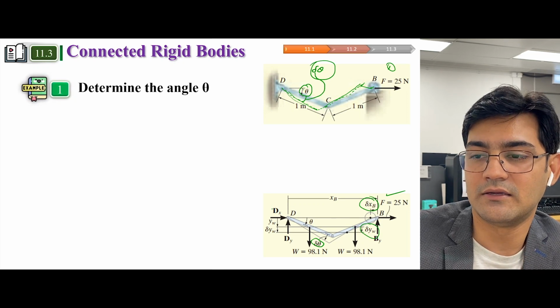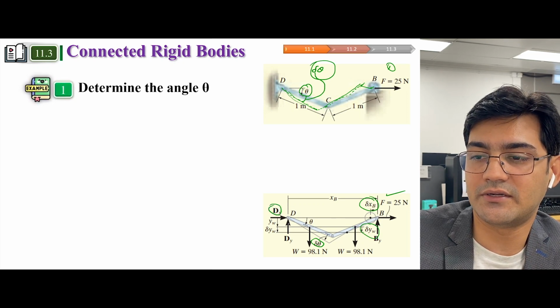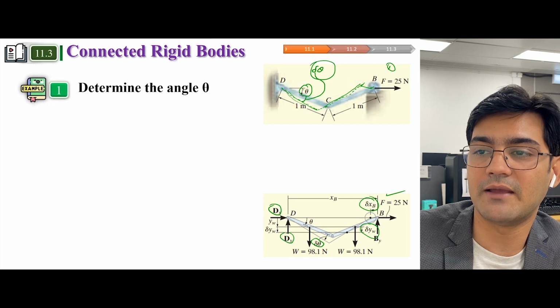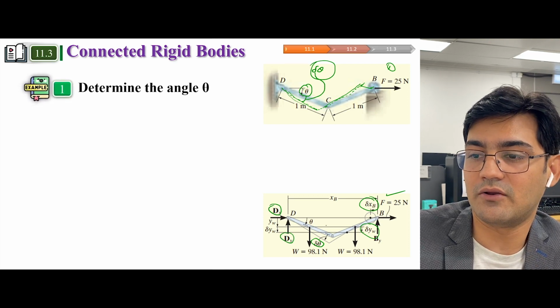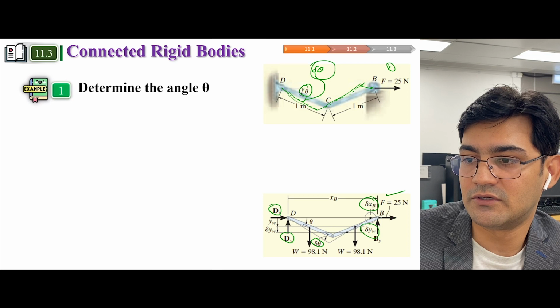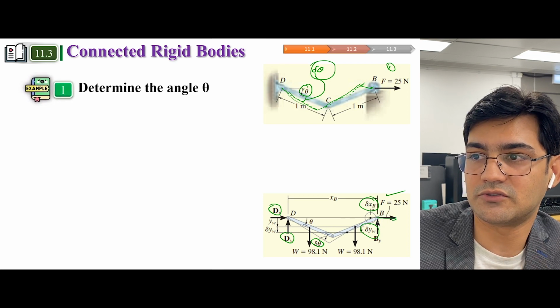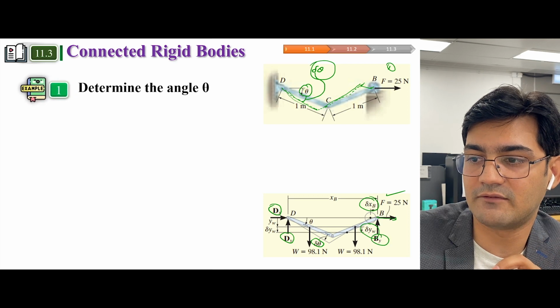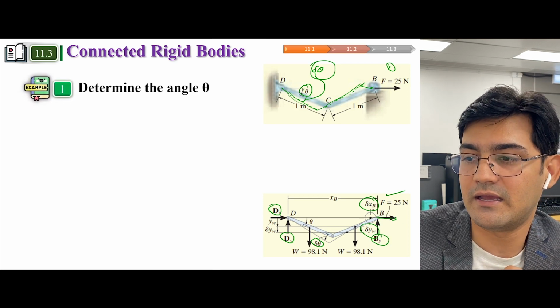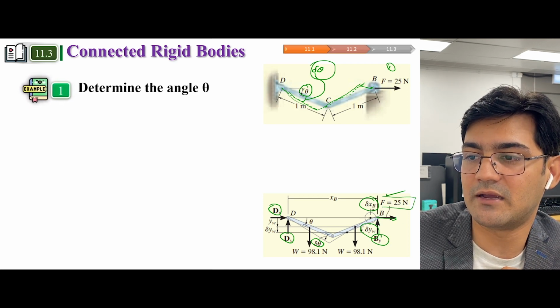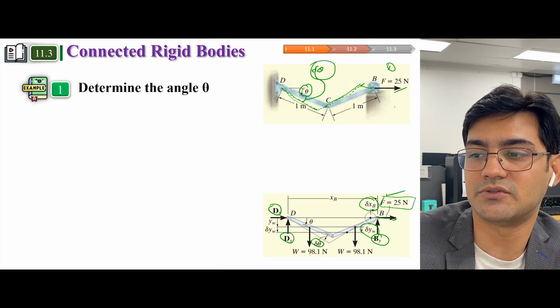Now there are two reactions at point D, dx and dy, because it's a pin support, and also we have a reaction here, it's a roller support, so you will have one reaction by, and this is the force which is being applied as shown here.